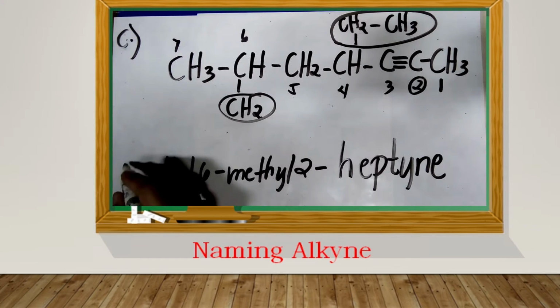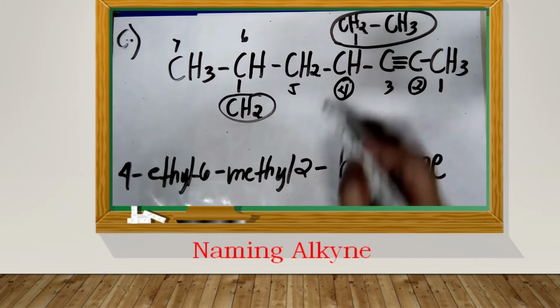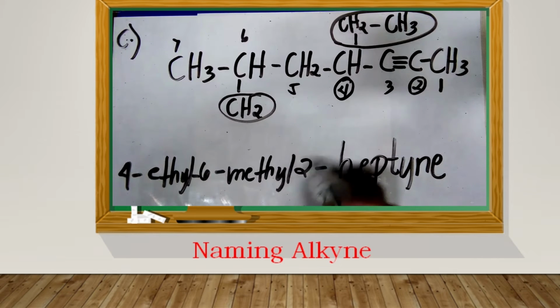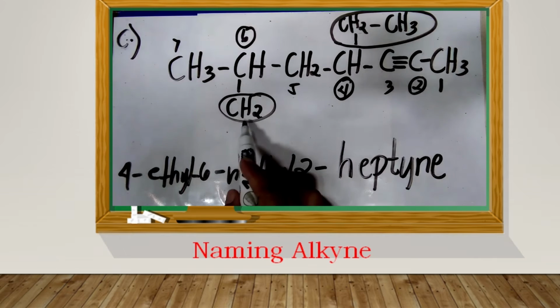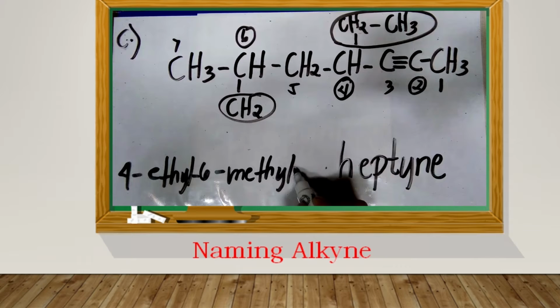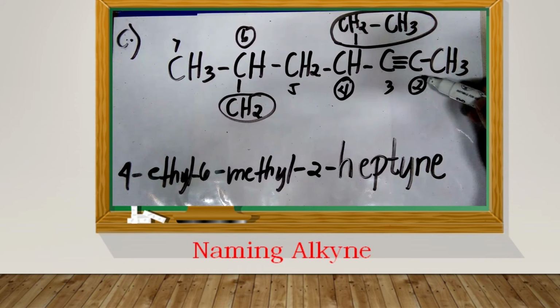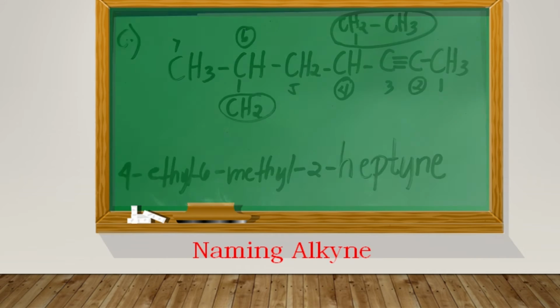The name of this structure is 4-ethyl-6-methyl, with a dash, and then the triple bond is located starting at the second carbon atom. The name of the parent chain, or the longest chain, is heptyne. So 4-ethyl-6-methyl-2-heptyne is the name.